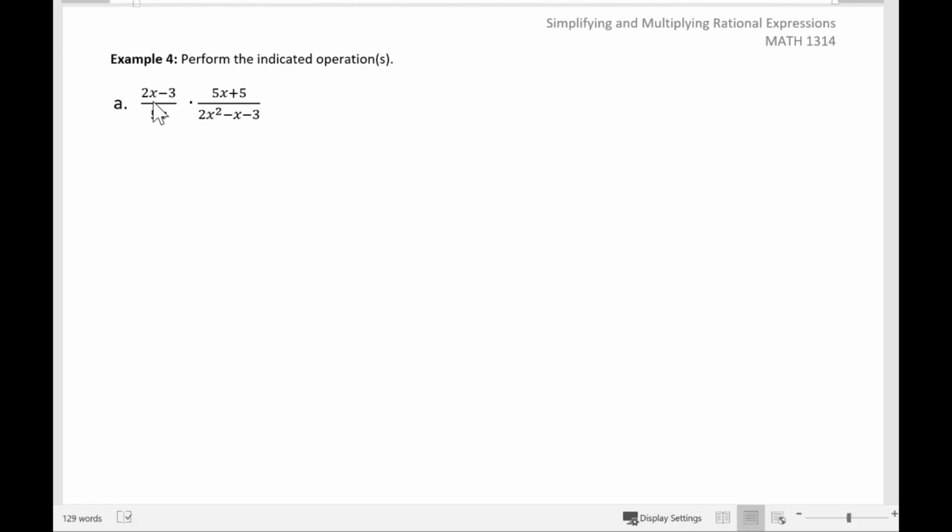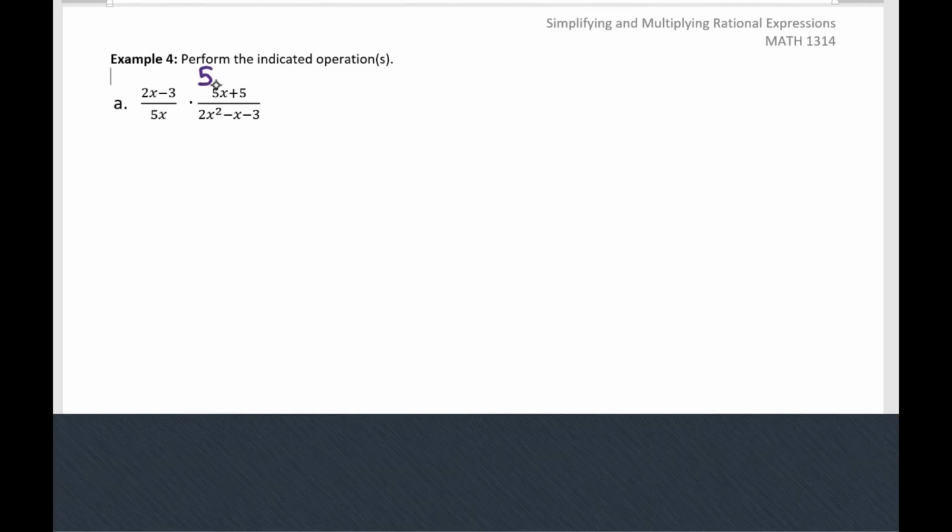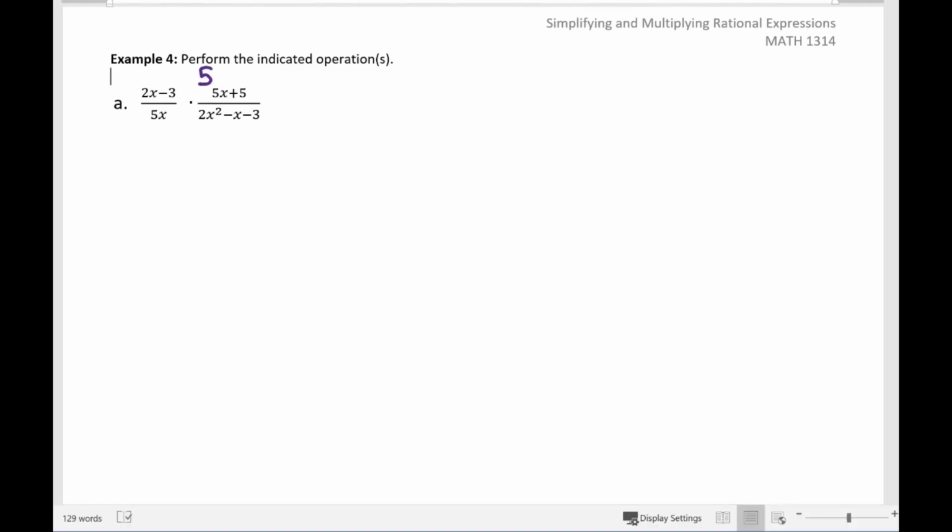But if you look at my second fraction, I have 5x plus 5. There's a GCF here of 5, because they're both divisible by 5. And if I factor out that GCF of 5, I have 5 times x plus 1.